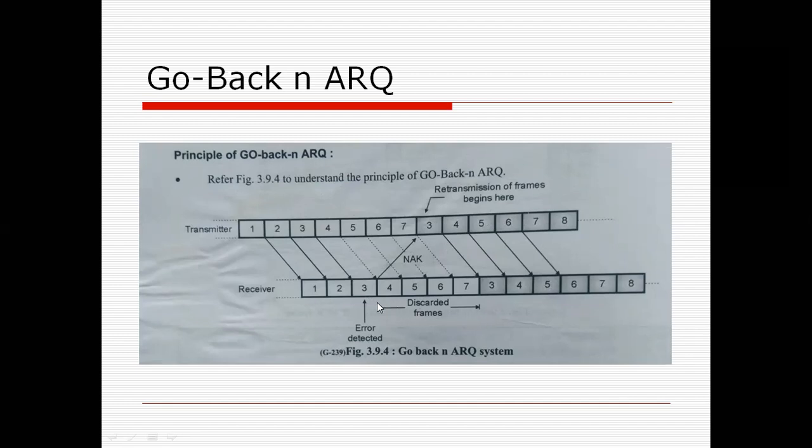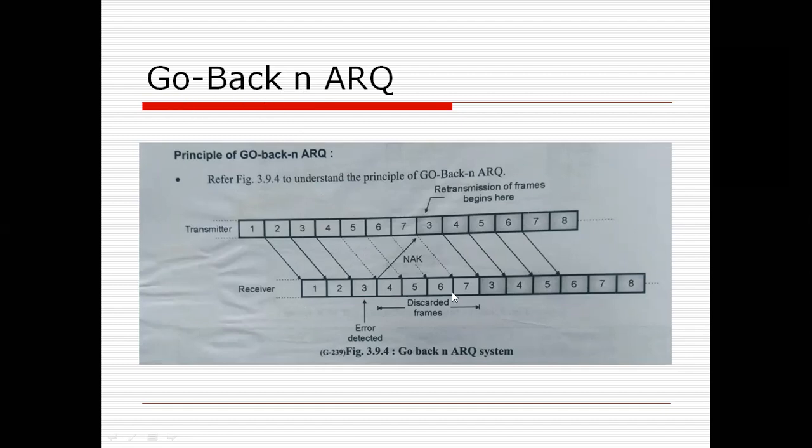So if an error occurs in the initial frame, then all buffered frames will be discarded. Now this is the biggest drawback of the go back N technique, and that's why this technique is called go back N. For the current example, this is called go back 3.